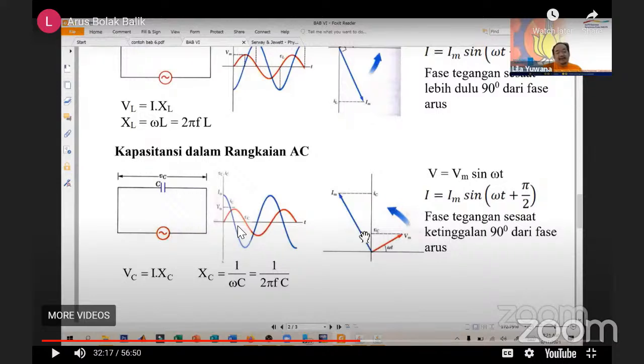Contrary to the previous topic, the inductor, apparently the current has a different phase, P over 2, P per 2 here. Now the lag phase is the voltage. Okay.